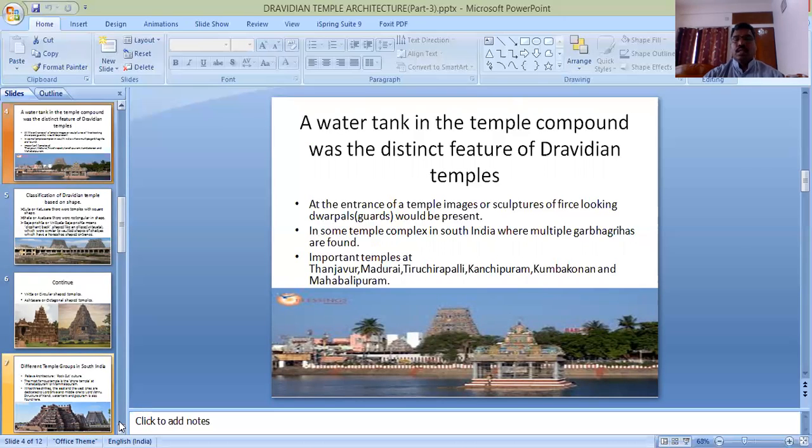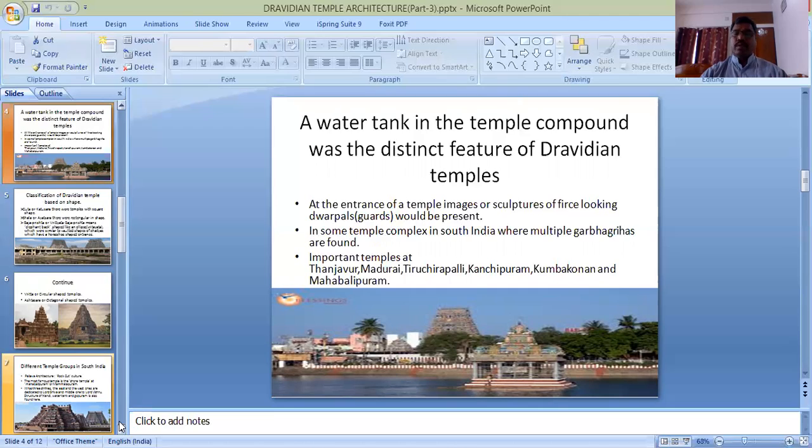At the entrance of the temple, some images or sculptures, especially Dwarapalas or guards, are a special feature of the Dravidian temple architecture.